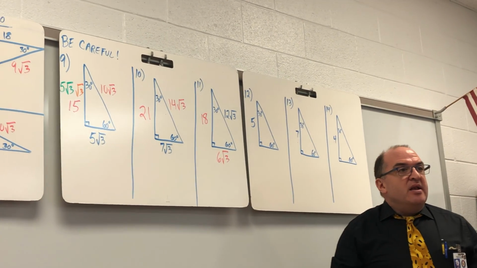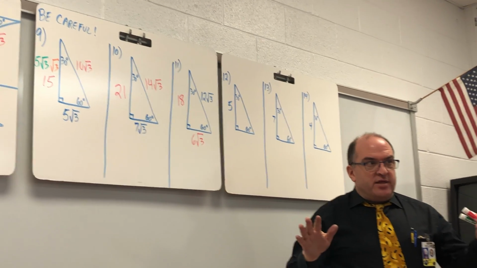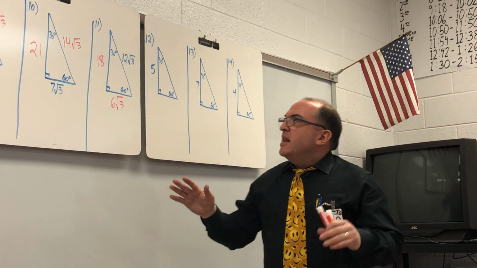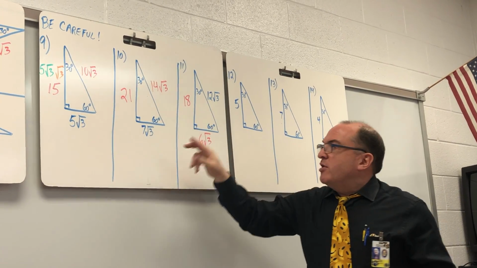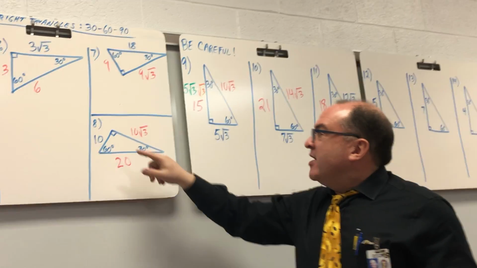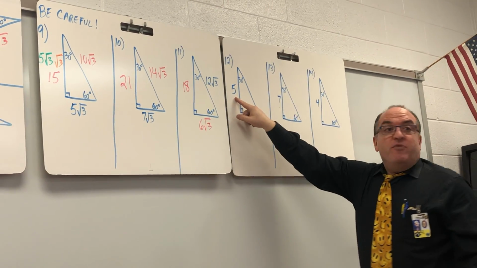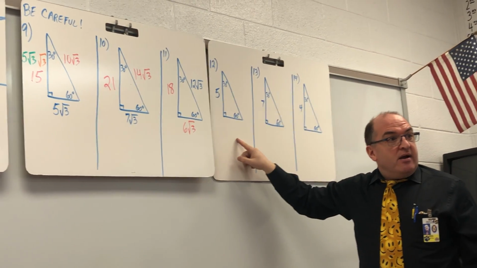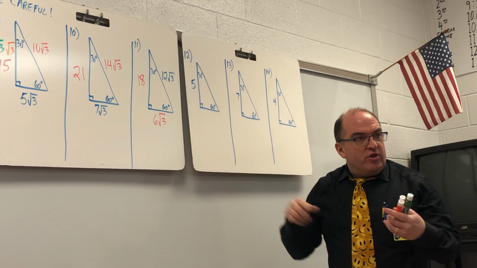Okay? Now, deep breath. Here we go. In each of these, I've multiplied by square root of 3. But from here to here, I'm going to divide by square root of 3.